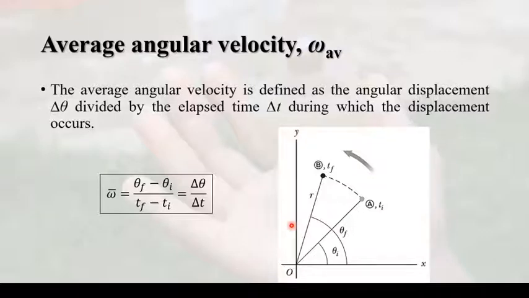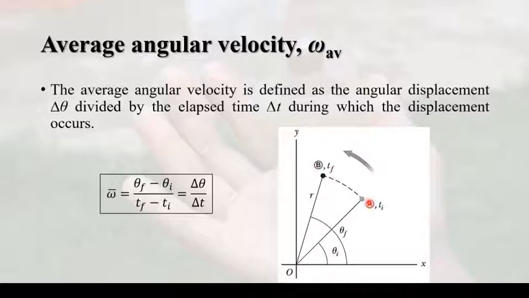So angular velocity. Same as chapter 2, there are two angular velocities that you have to know. One is average, and other than average, we have instantaneous angular velocity. Average angular velocity is defined as the angular displacement divided by the elapsed time, meaning the time taken during which the displacement occurs. When it comes to an average value, you must have an initial point and a final point.